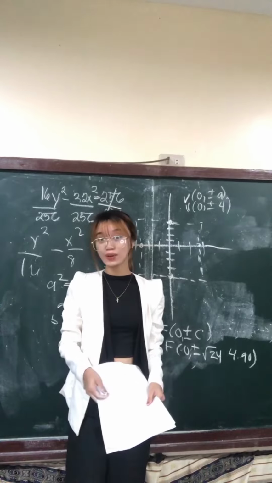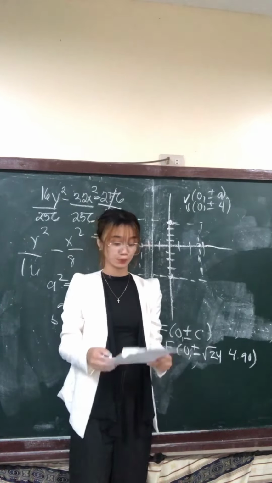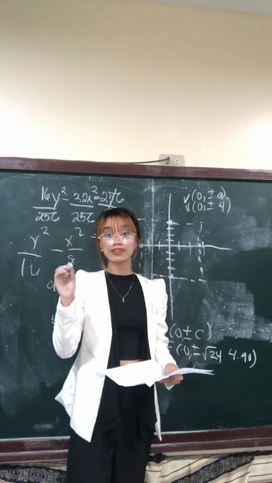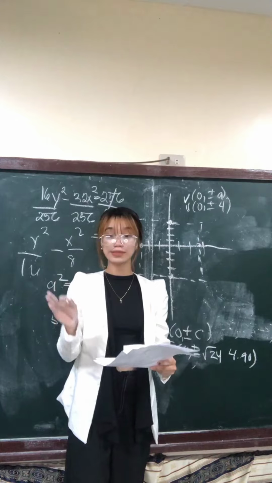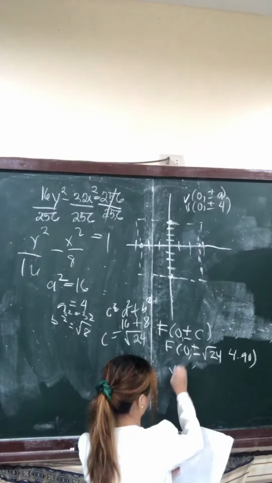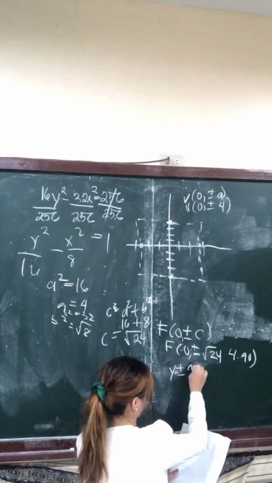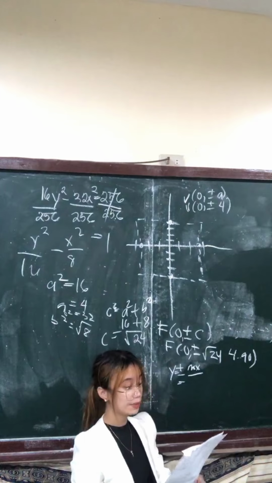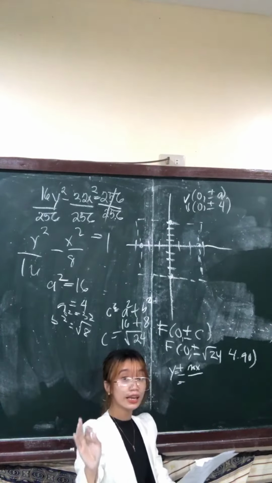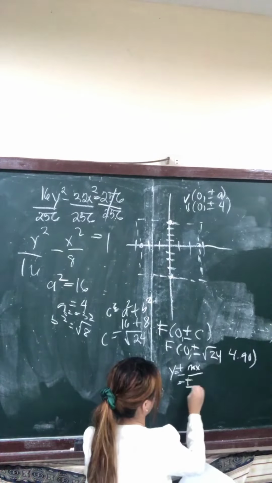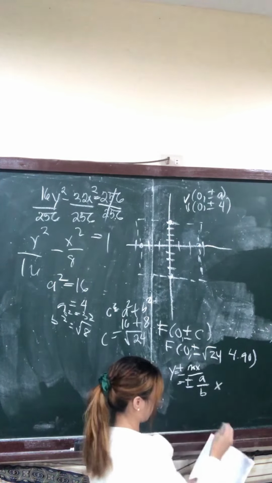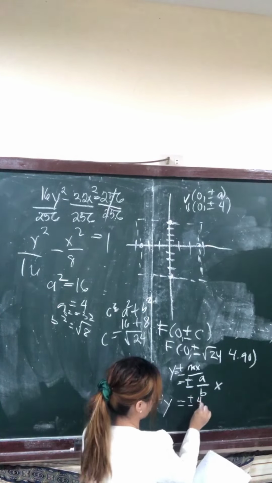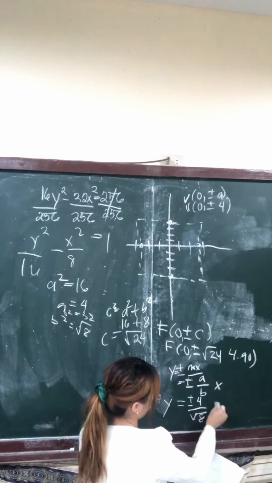And now, the last thing we have to do is to write the equations for the asymptotes. The asymptote is y equals positive and negative m, which is the slope, times x. This would always be equal to positive and negative a over b x, and this would be y equals positive and negative 4 over the square root of 8 x.